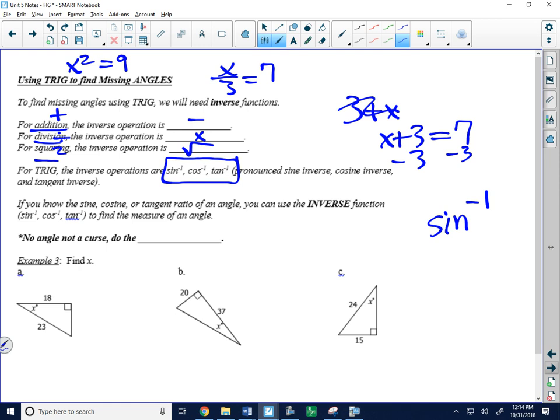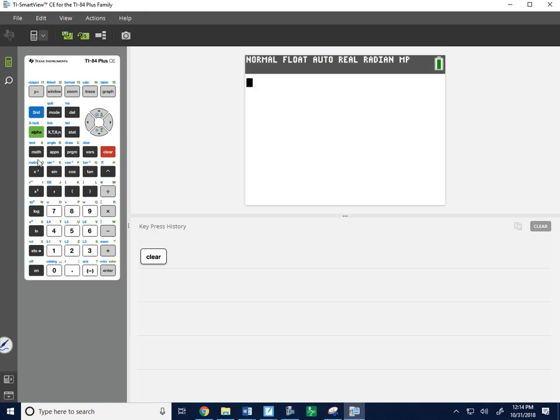But you got to hit like the blue button on this one. You got to hit the second button. I'll show you on mine. Let's see here. So mine, you see, it's the blue buttons. So if I want sine inverse, I have to hit second and then sine, and that will give me sine inverse.